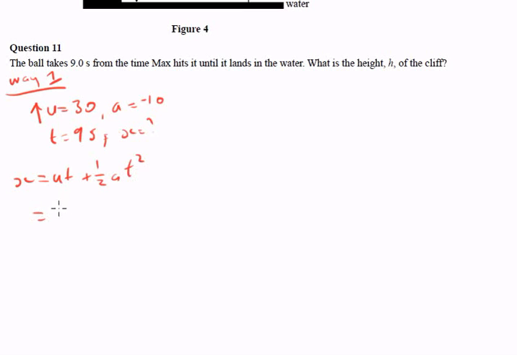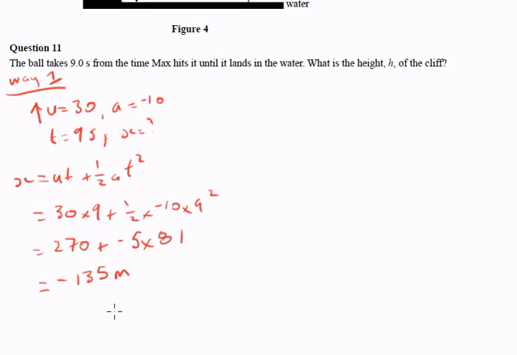So that equals 30 times 9 plus a half times negative 10 times 9 squared. That equals 270 plus negative 5 times 81. And you do that on your calculator, you get negative 135 meters.